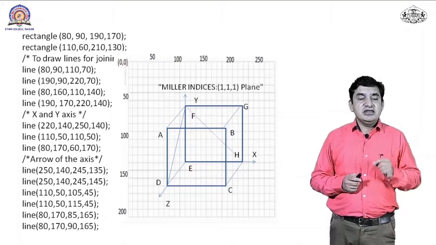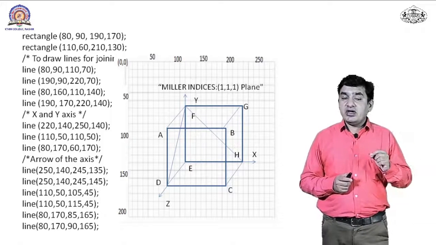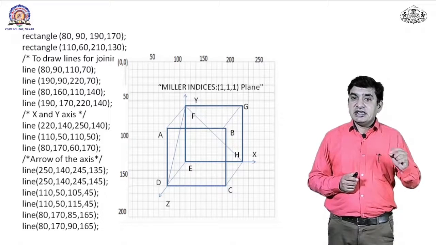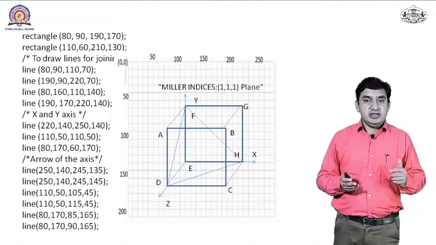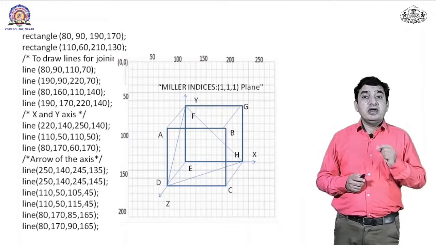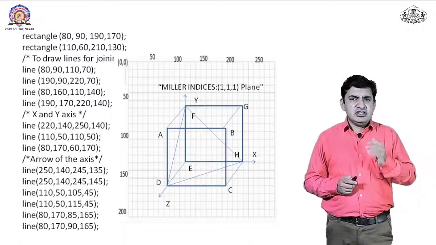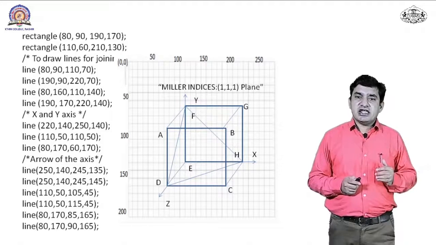Second line is used to join the corner along the y axis and x axis, and third line is used to join the corner along the x axis and z axis. So, all this is given in the next slide.